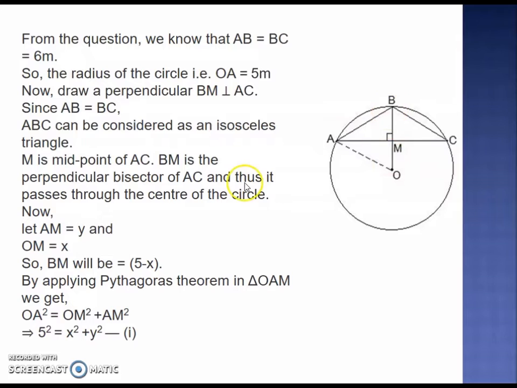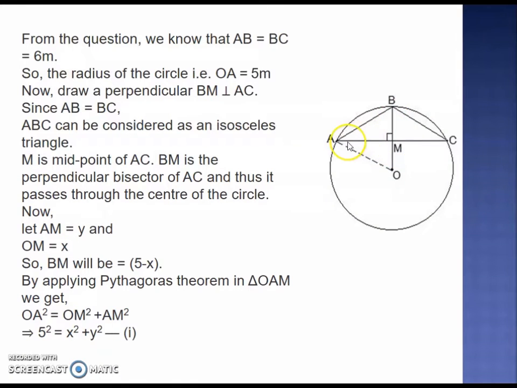So you will draw perpendicular BM, that is perpendicular to AC. AC is the chord of this circle. Now this is also forming an isosceles triangle. Because AB and BC are equal, this is isosceles triangle. So for an isosceles triangle, this perpendicular is also the median of the triangle.